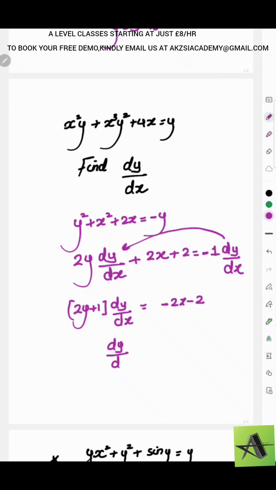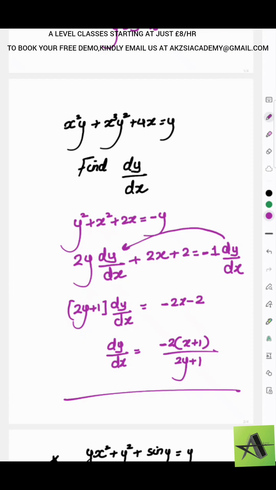Finally, dy over dx equals negative 2 times (x plus 1), divided by 2y plus 1, and this is the final answer.